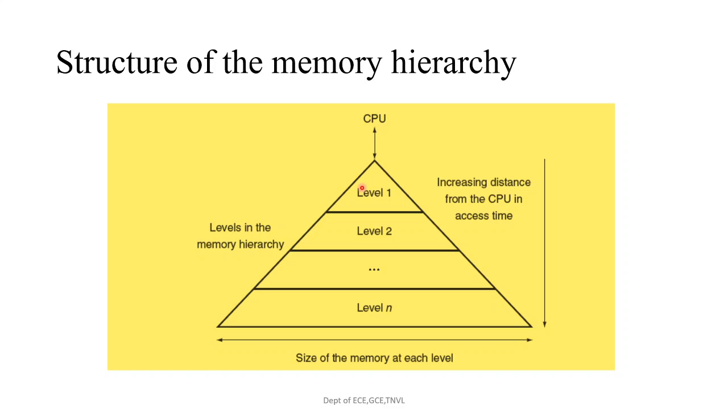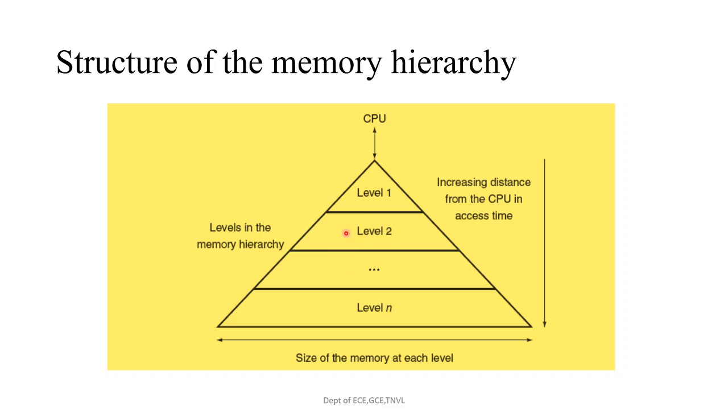So recalling, what is hit and miss? A hit is when we find a block in the upper level, that is the level closer to the processor. A block is nothing but the information. What is a miss?